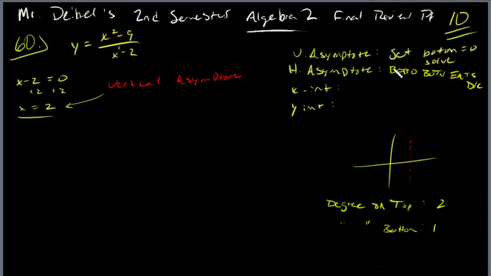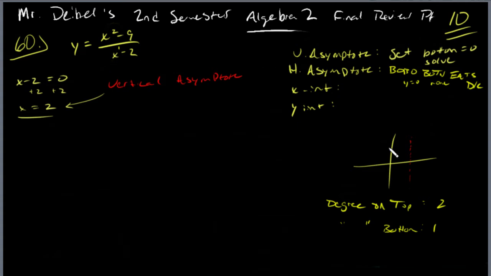If the degree is bigger on bottom, B-O-B, bigger on bottom, then you get y equals 0. That's the horizontal asymptote. If the degree is bigger on top, then you have none. And if the exponents, or degrees, are the same, then you divide the coefficients. These coefficients are the leading coefficients. So it'd be 1, because that's the leading coefficient up here, and 1, because that's the leading coefficient right here.